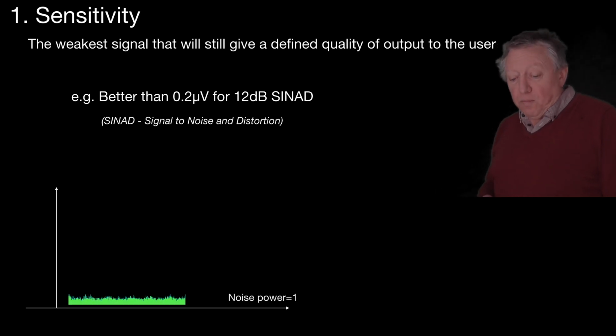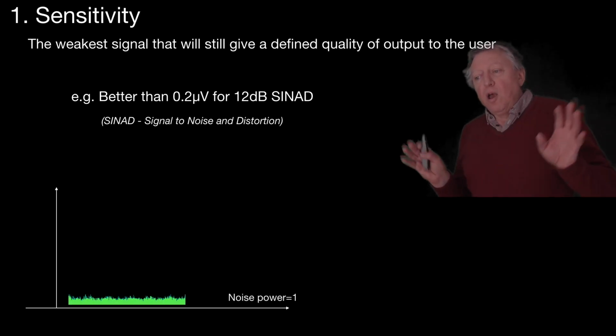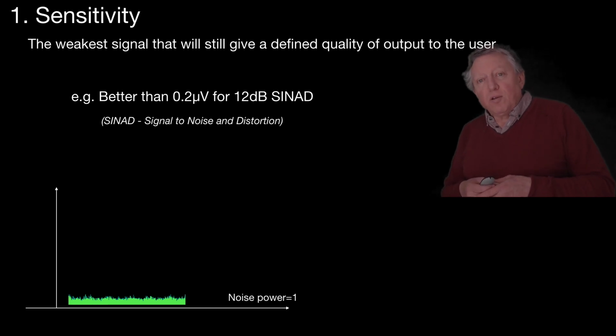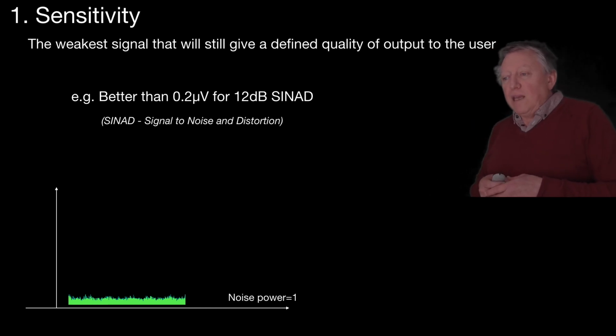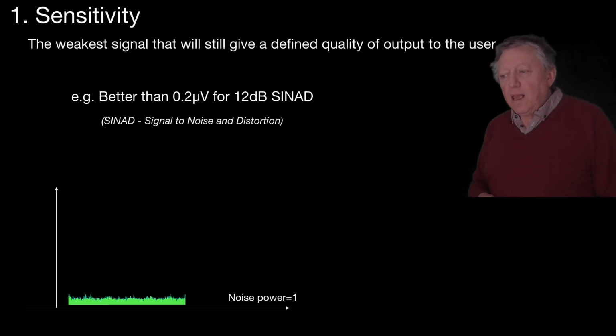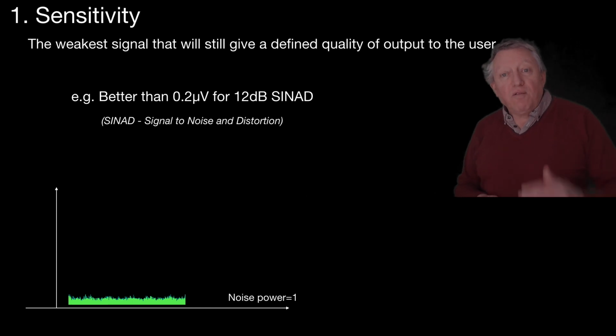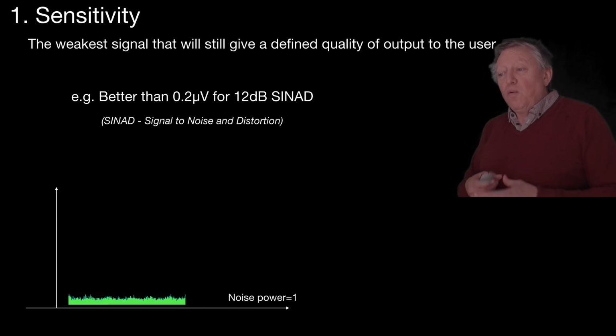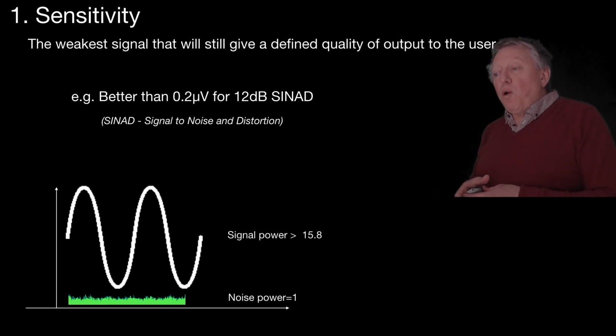So, for example, if we plotted this on a graph and looked at the output of the receiver, we would see our typical noise floor. And if we assign that an arbitrary value of 1, then in order to get our signal to noise plus distortion, we would need 15.8 times as much signal as noise.